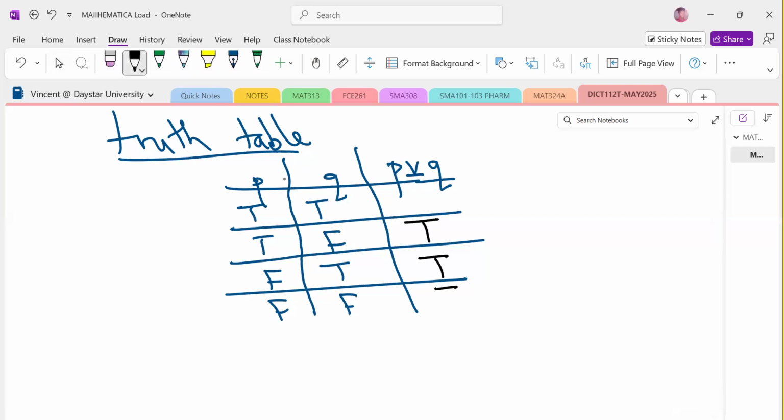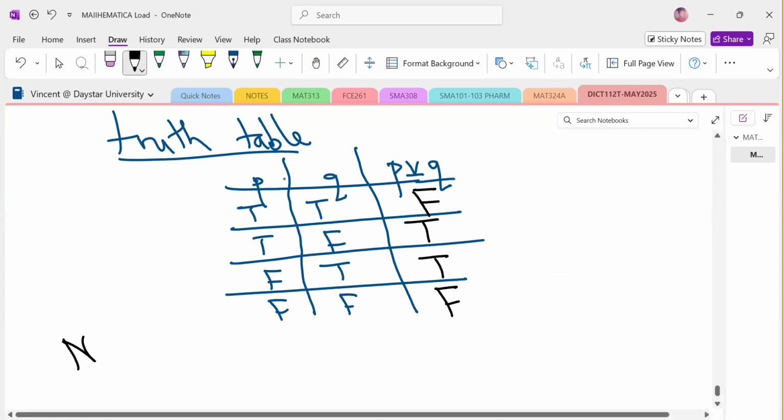Otherwise, these other ones will not be correct. So for the exclusive disjunction to be true, you expect the two atomic statements to have opposite truth values. So when one is true, the other one is false, or the other one is false and this one is true, is when you expect to have a true value. Otherwise, you get a false.